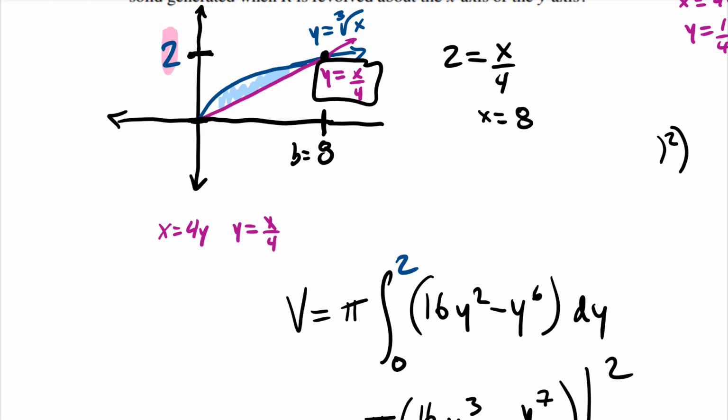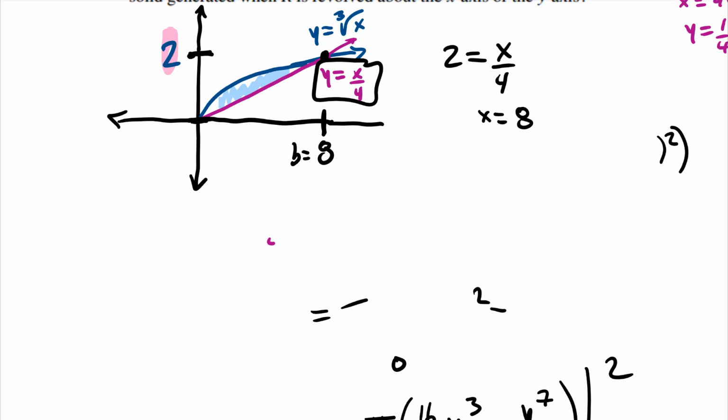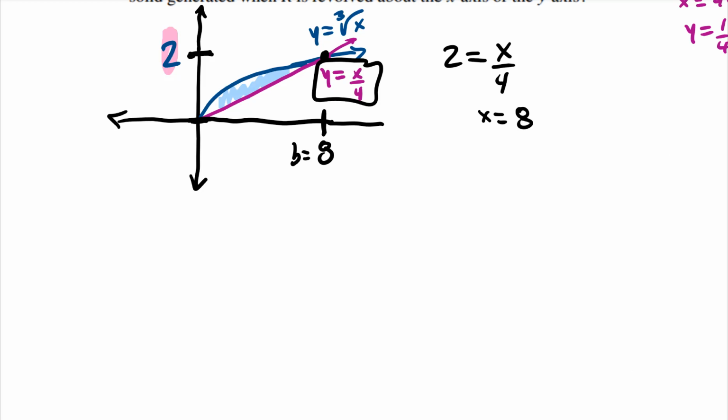So now that we have our two functions here, sorry, getting rid of the noise. I am not good with organization or making things look pretty. So our area function is going to be pi times our top function squared. Our top function now is the cube root of x.